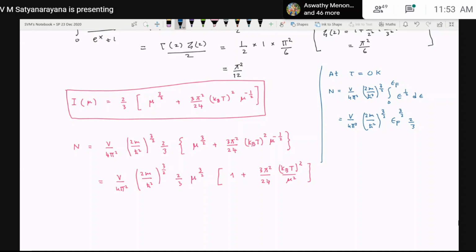Okay. So what we can do is write this V divided by 4 pi square into (2m by h bar square) to the power 3 by 2 into 2 by 3 as n divided by epsilon f to the power 3 by 2, in this expression.